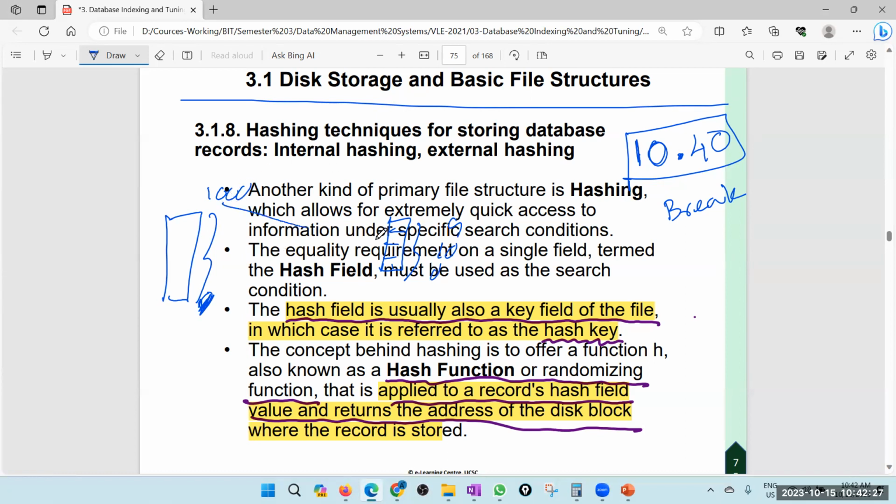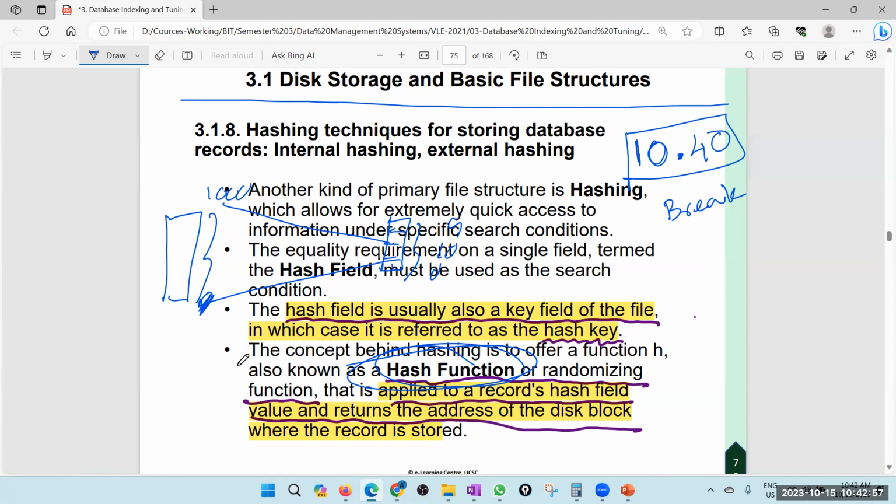So mapping a bigger range to a smaller range is called hashing. When you map a bigger range to a smaller range, there's a possibility of collisions because that is obvious. Then we have techniques to manage collisions as well. So there are hash functions that map a bigger range to a smaller range.